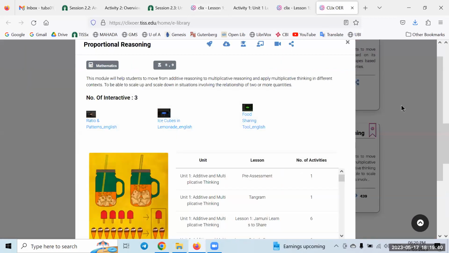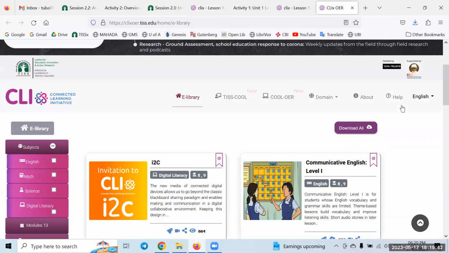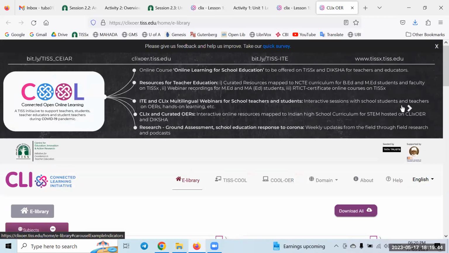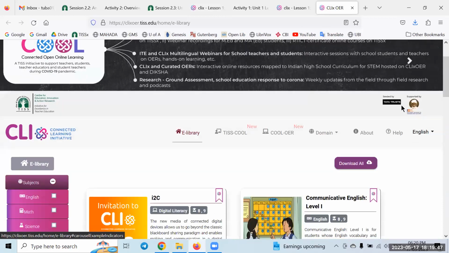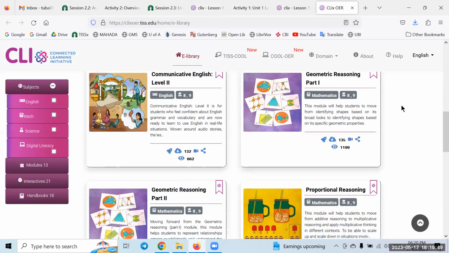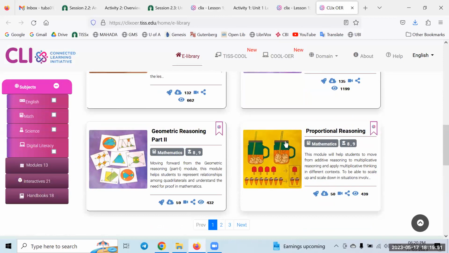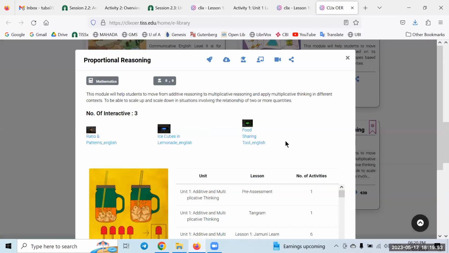So this is the OER platform, Clicks open online learning platform. So here you can find the proportional reasoning module. I'll send this address in the chat. Here there is the student handbook.